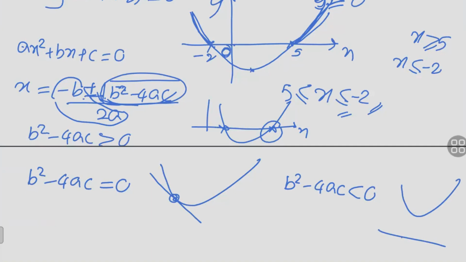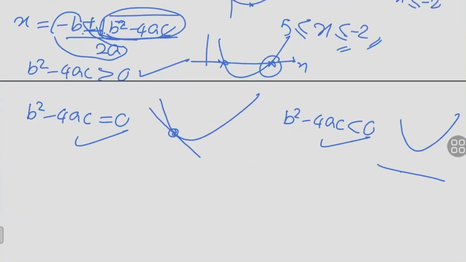These things are practical, and they don't ask directly. Indirectly they check your knowledge: prove that there is no root, prove that there are two roots. Prove that there are no roots means you have to prove the discriminant is less than 0. Prove that this is a tangent: make it equal to 0 and prove that answer.